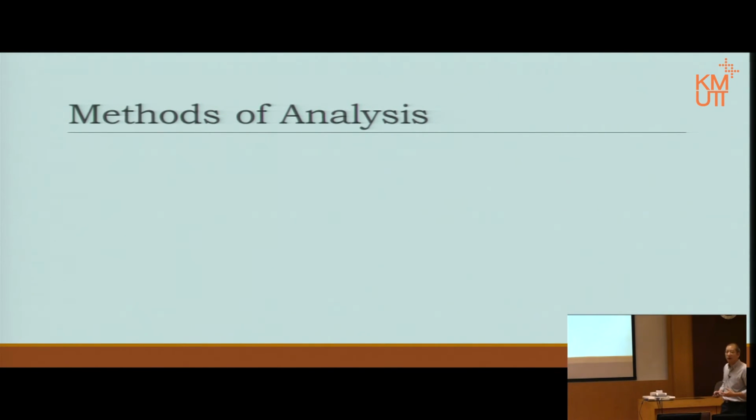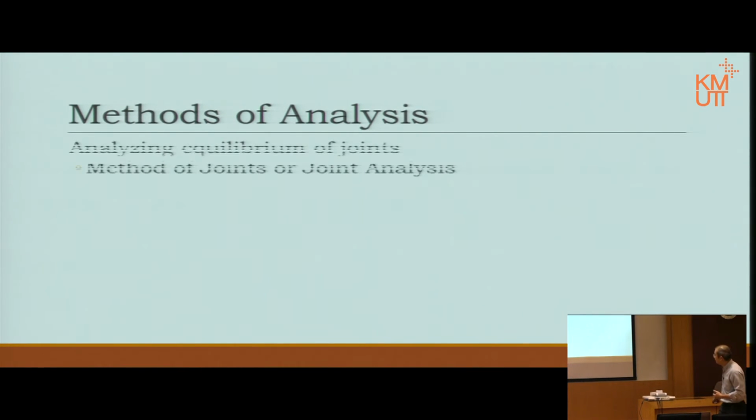Now, let's look at the way we analyze it. Taking advantage of the joint having no moment, only forces, they can reduce this into majorly two particle equilibrium. Basically, in this case, they will look at the equilibrium of the joints.